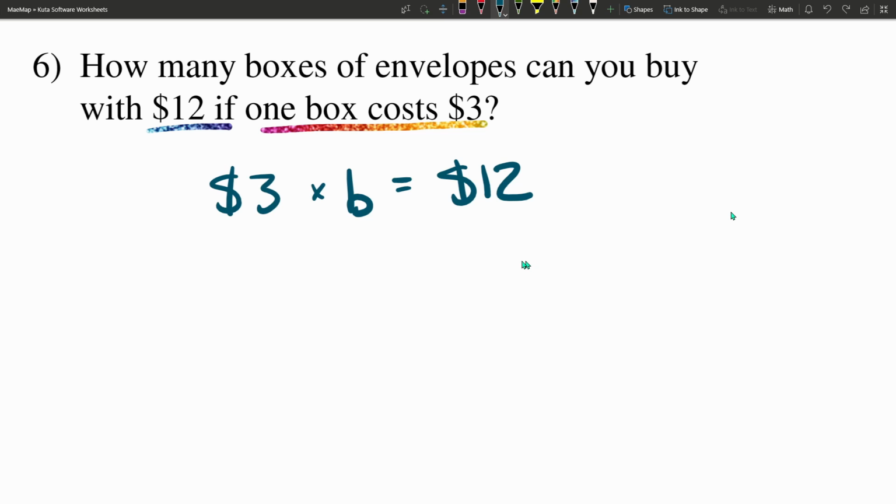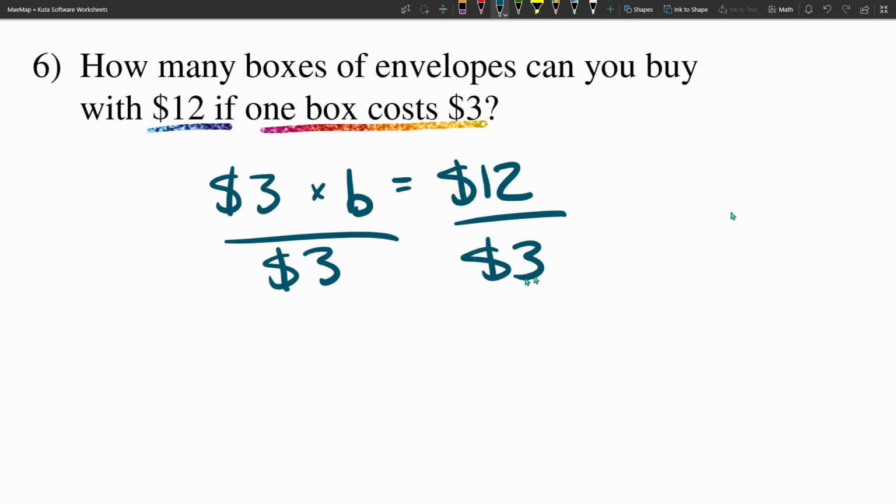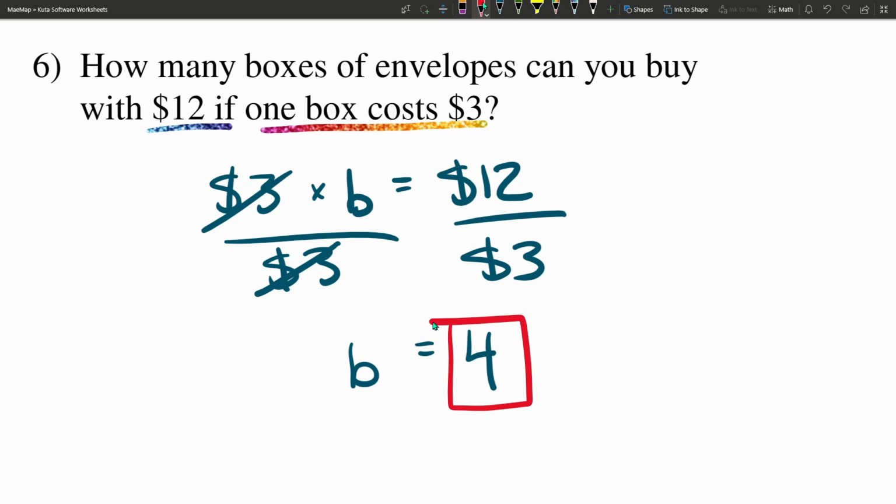That's going to give us our total amount. So what are we going to do in order to isolate the B? Well, if it's multiplied by $3, we divide by $3. $12 divided by $3, that means that B is going to equal 4. So that means with $3 per box, with a total of $12, we'll be able to buy 4 boxes of envelopes. Let's move on to number 7.